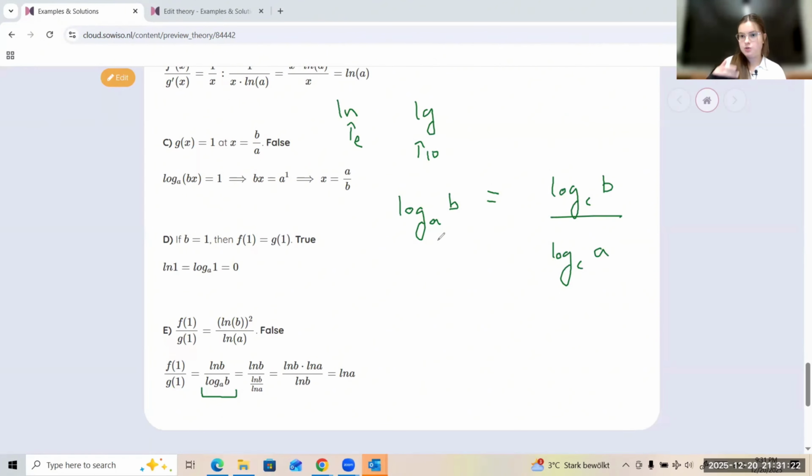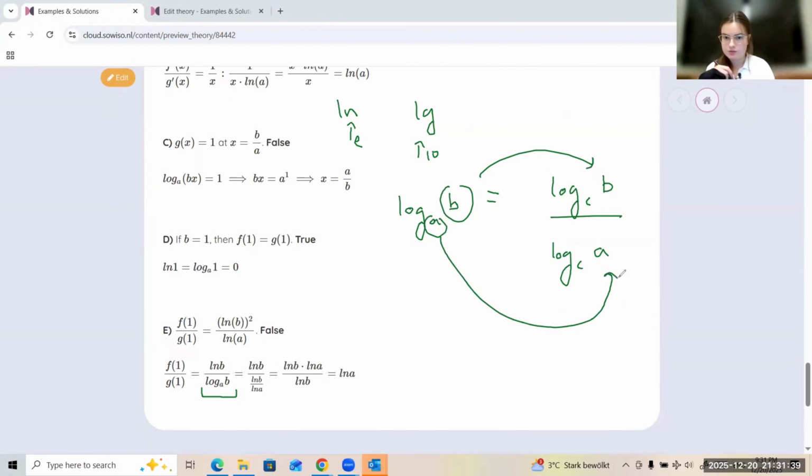So whenever you're changing a base, you can change the base to anything, be it e, be it 10, and then whatever was in front of the logarithm, so b, goes on top of the fraction, and whatever was in the base goes in the denominator, in the lower part of the fraction.